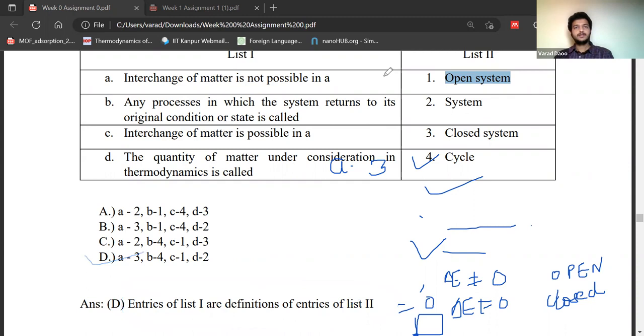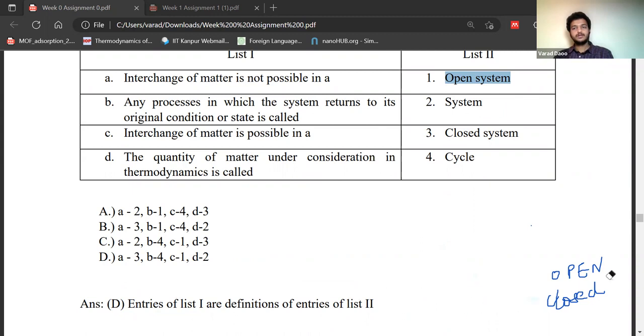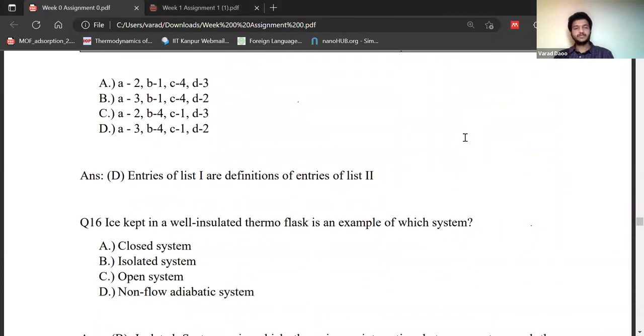Okay. So is this clear to everyone? If anybody has questions, they can ask. So I'll wait for 1 minute. Otherwise, we'll go to the next question.